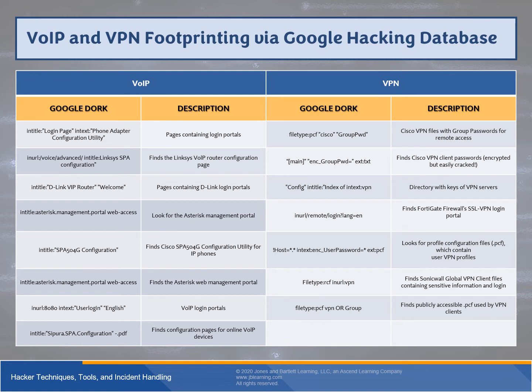So if you look in the bottom left, intitle, sapura.spa.configuration in quotes. And we also see that they have a minus sign. So this means it is going to exclude things that have the .pdf extension included. So being able to include, exclude, conjoin, things like that, being able to deal with those logical operators, definitely going to help you with Google hacking.